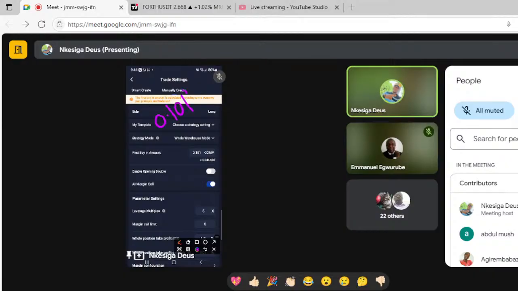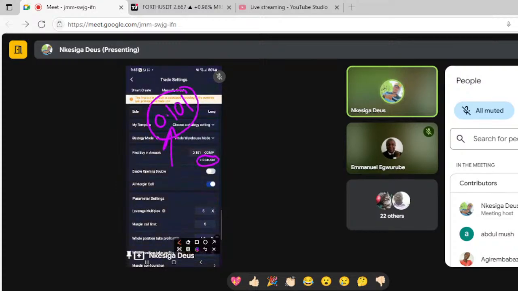This is the quantity of comp you are going to buy, and to buy this quantity you need only $5.04. That is the first buy on this coin.